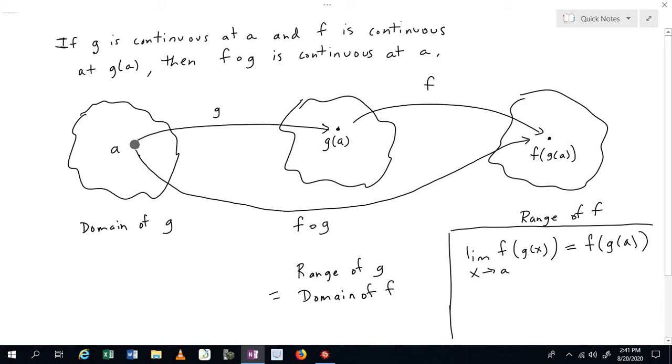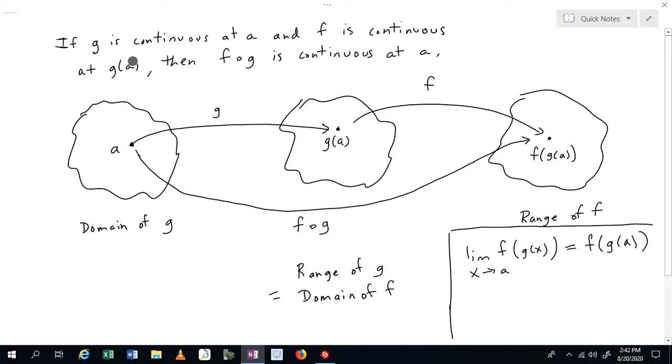Well, g is going to send a over here to this point g(a), which of course is in the range of g. And let's assume the range of g is the same as the domain of f. Then f could take this element, g(a), and send it over to this element over here, f evaluated at g(a), which would be in the range of f.